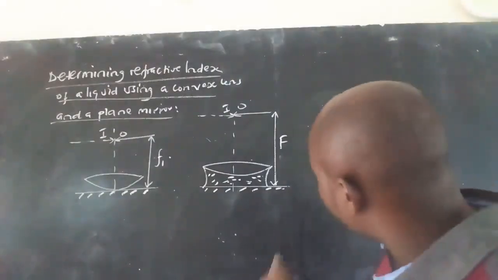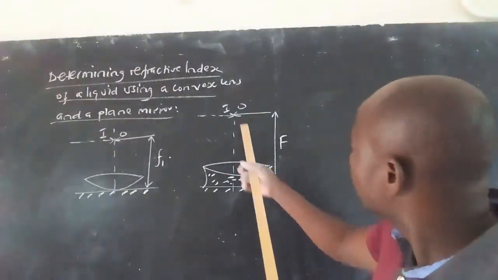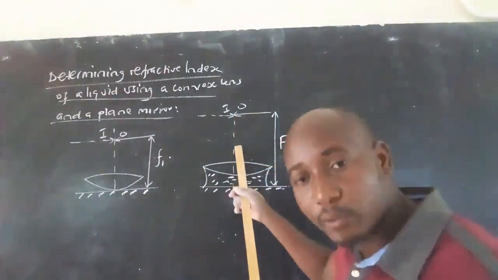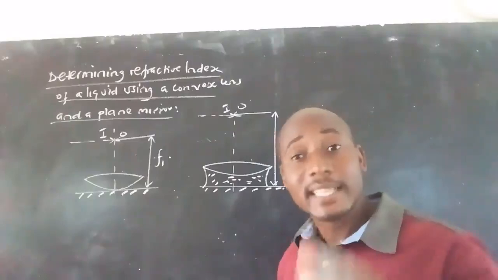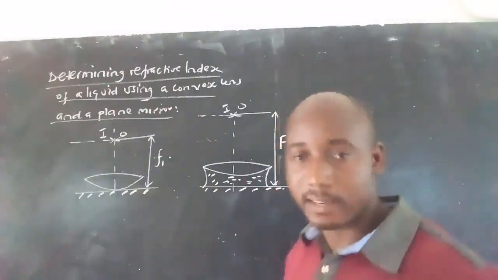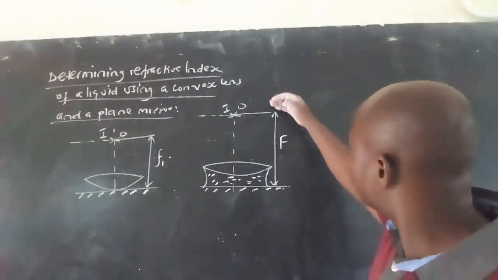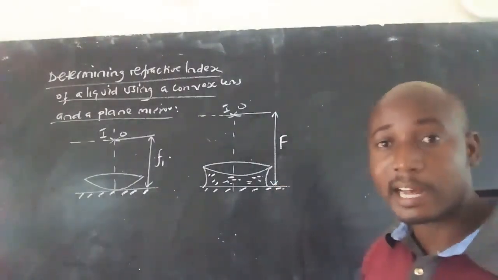Then the pin is again moved up and down until it coincides with its image for the second time. Then the distance F from the pin to the plane mirror is measured and recorded.